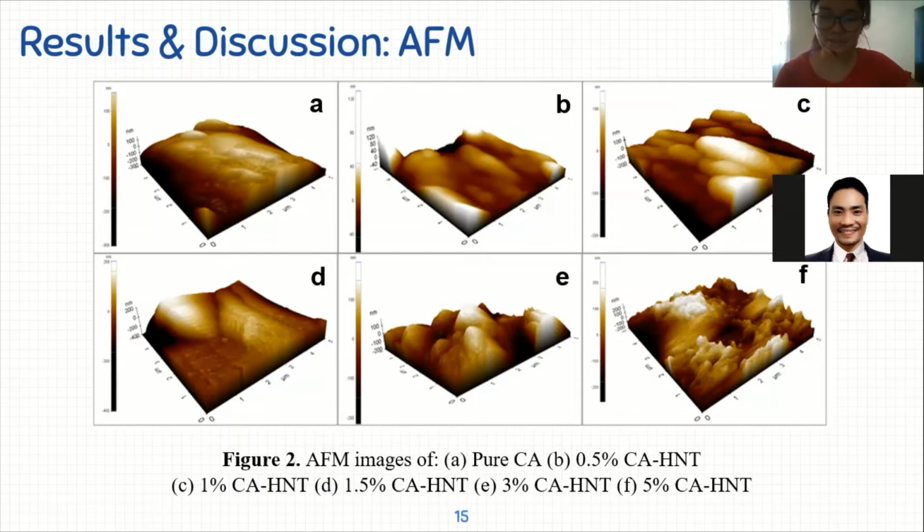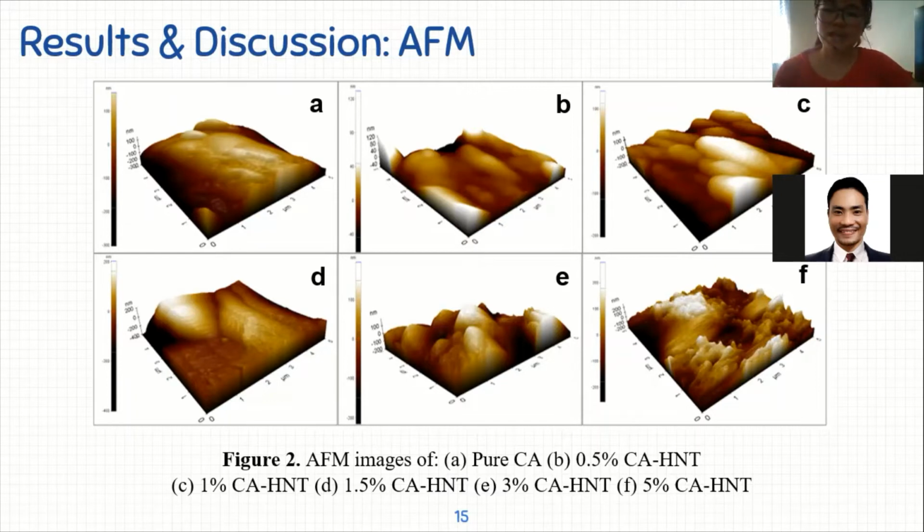But at this level, only the bigger ones are evident. So we can see that the surface of each peak and valley of the pure CA membrane is not completely smooth. There are indications of small peaks and valleys within it, but relative to the other membranes, it is the smoothest.